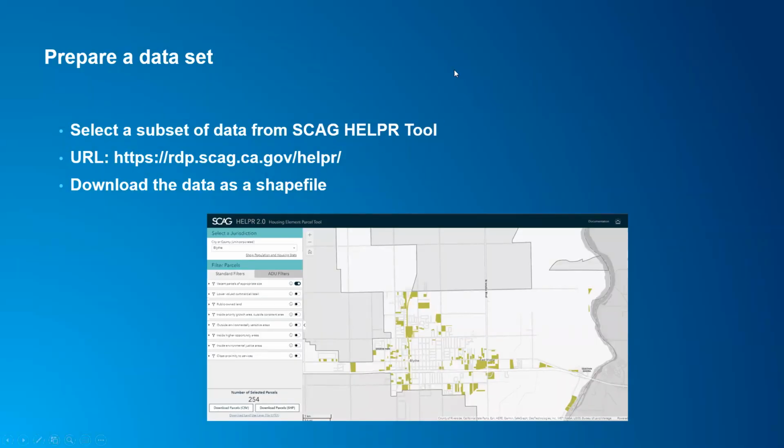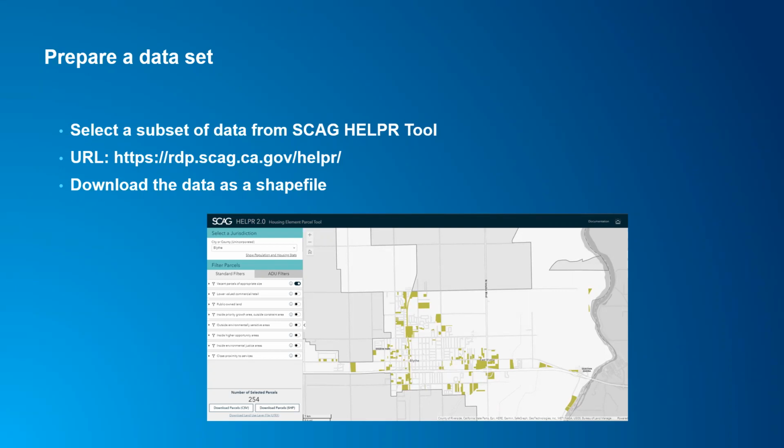To understand the data loading process in ArcGIS Online, we're going to get some data from SCAG's helper tool. I have the URL on this slide. The reason we're doing this is because there's some really cool data available for the whole SCAG region, so it's a great data source for this exercise.